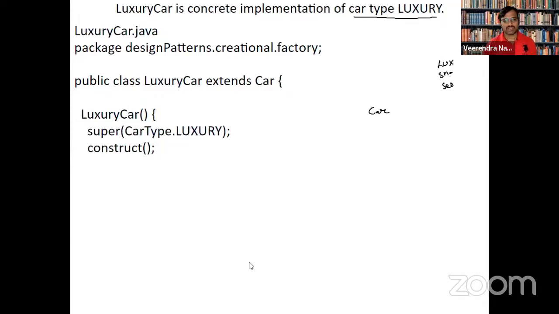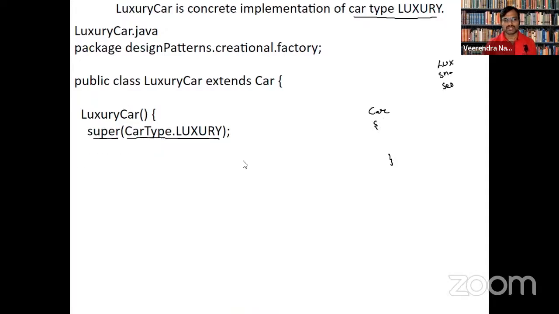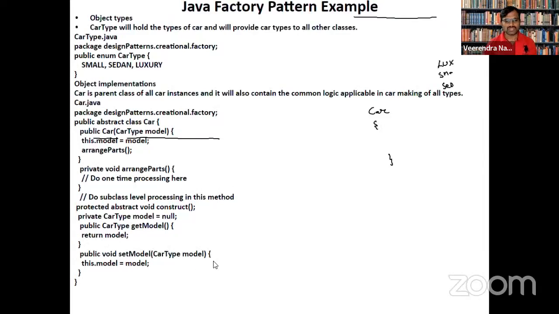Super car type dot luxury, in the sense that you are going to do a super call. Super of car type dot luxury means that this car type of luxury will be connecting to the car class. Let me take you to the previous car example so that you can easily understand what I am trying to say.